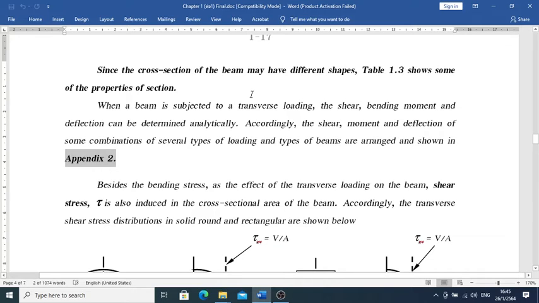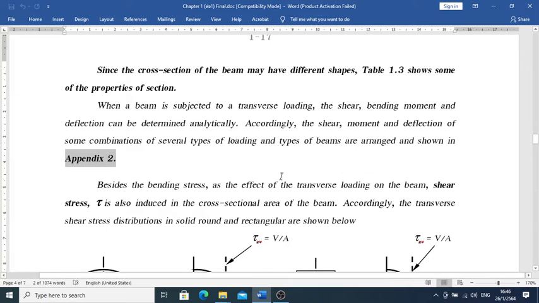I have done shear and bending moment diagrams for many types of loading acting on many types of beams: simple support beams, cantilever beams, with single loads and double loads. You may make use of them.